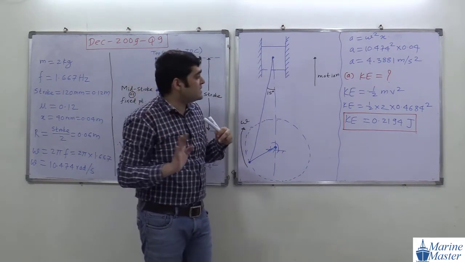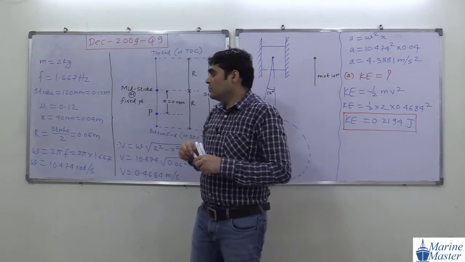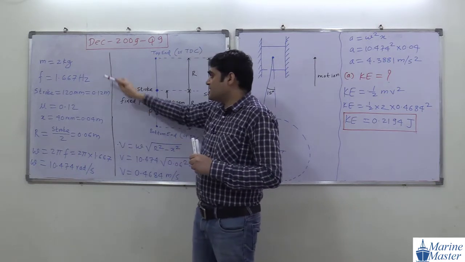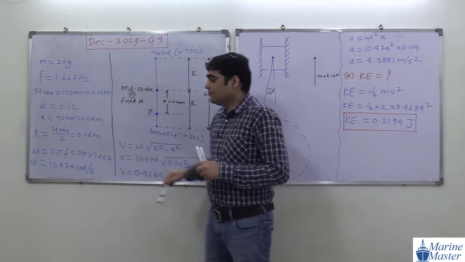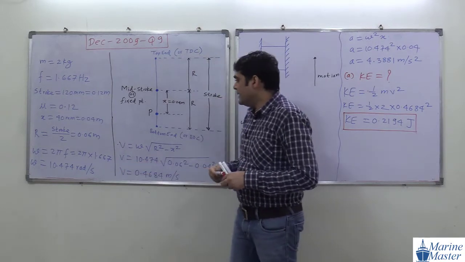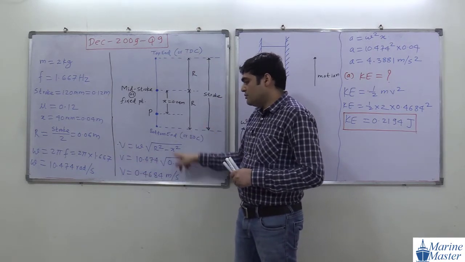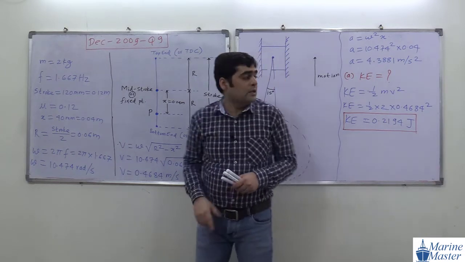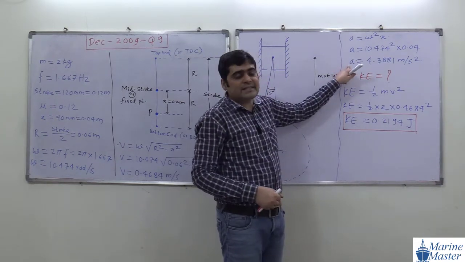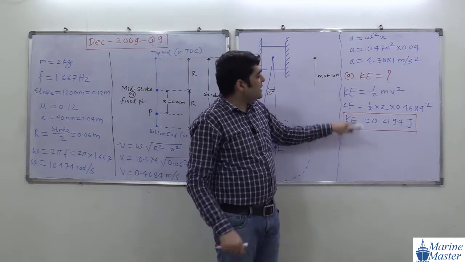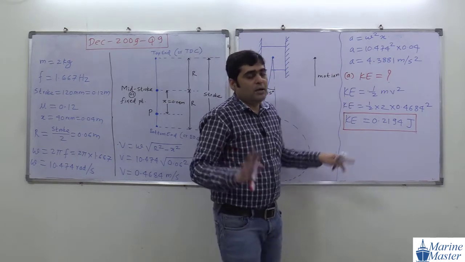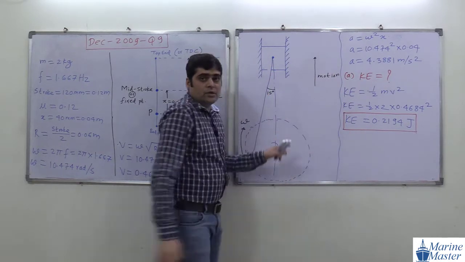Very simple discussion. So now how do we have to do it? First of all, write down this one up to omega. Then try to draw this drawing. After the drawing, write down the calculation of V, then the calculation of acceleration, and then the kinetic energy, the A part. Don't draw this drawing again in the A part.